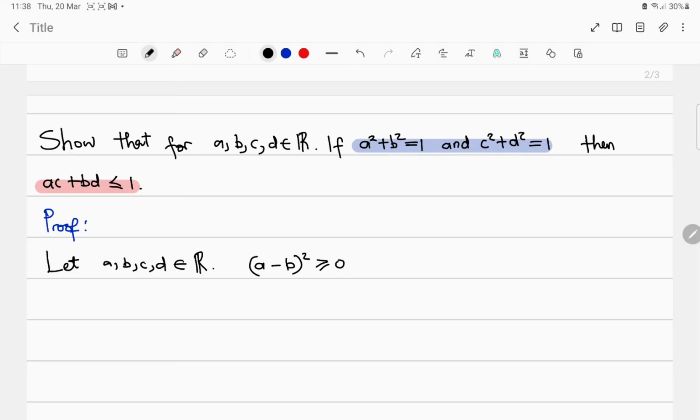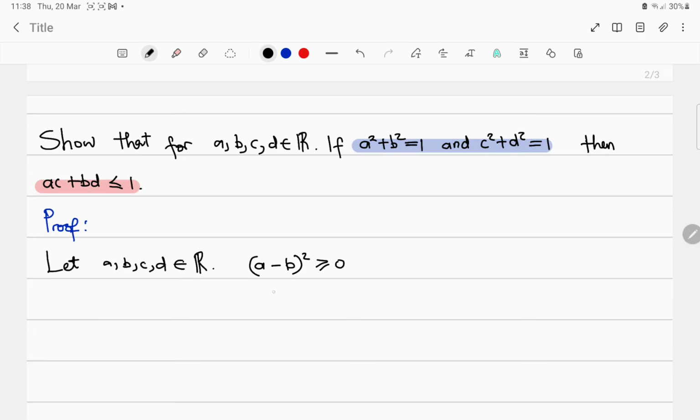This is a known property of real numbers. Why? Because if we take any real number minus any real number, we get a real number. Then if we square a real number, we get a number that is greater than or equal to 0. So that is the property.